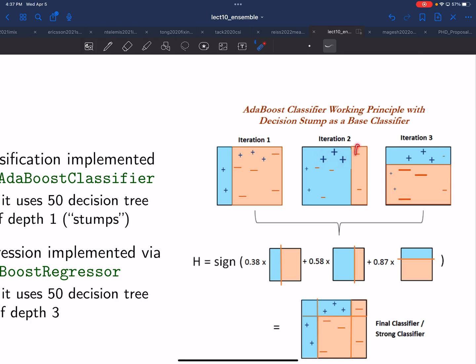It's actually going to classify all the pluses correctly, but it's going to make some mistakes on the minuses. So those guys, their weight increases for the next stage, whereas the weights on all the other ones that we classified correctly decrease. Okay. And let's say we stop there.